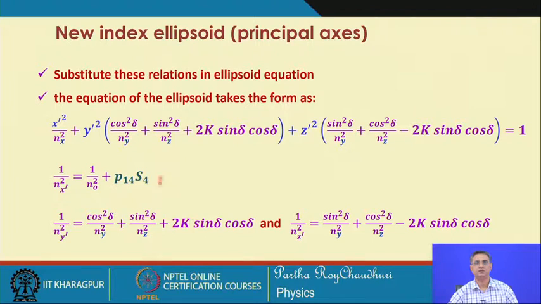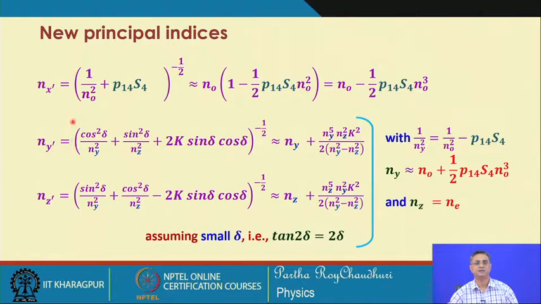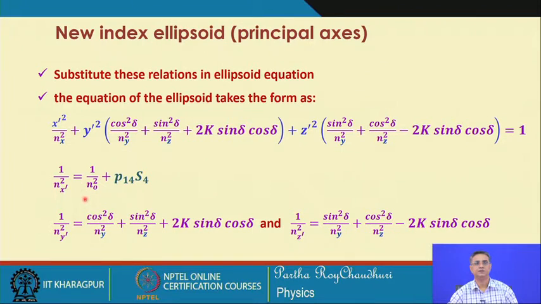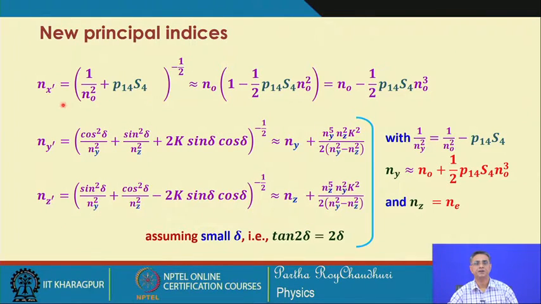These are very straightforward and a direct outcome of substitution of y and z by y dash and z dash equations. Therefore, from the first one, it directly gives you this relation n x dash equal to, you can write to the power of half, and making a binomial expansion, because P 1 4 S 4 is a very small quantity, and this example we have seen earlier.